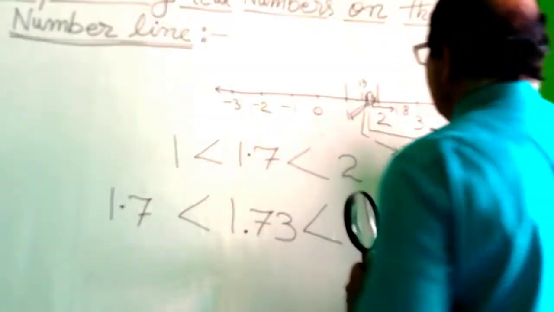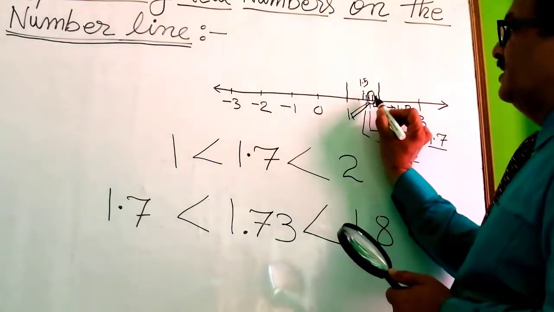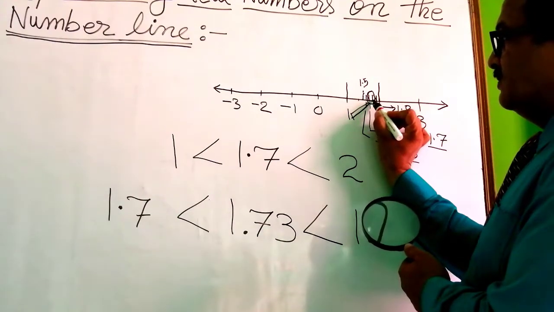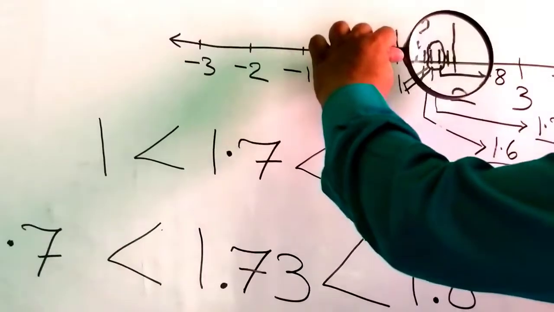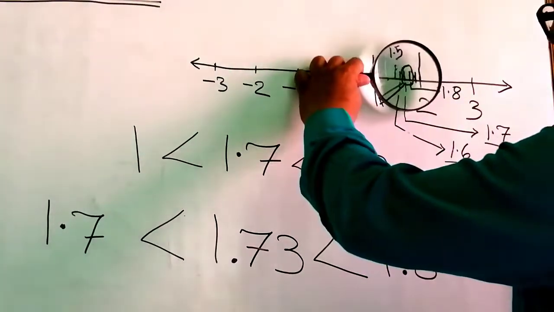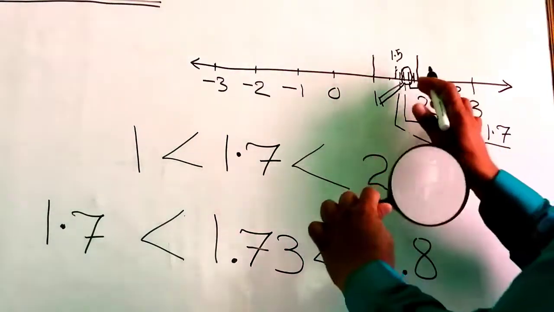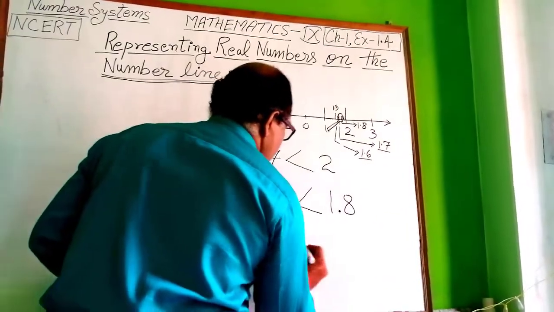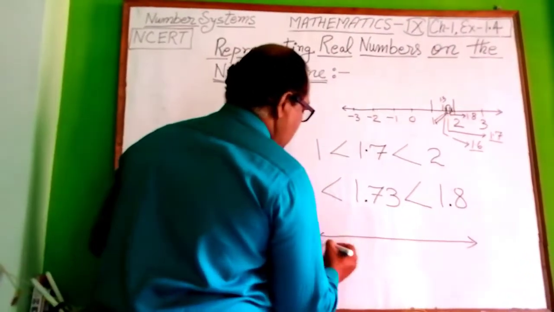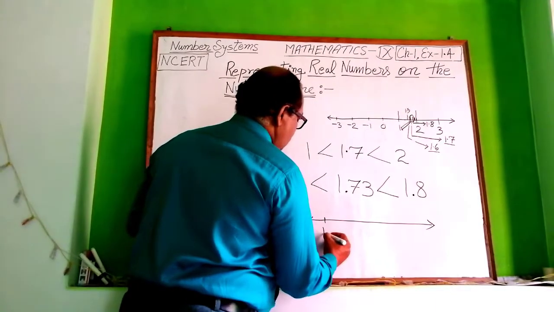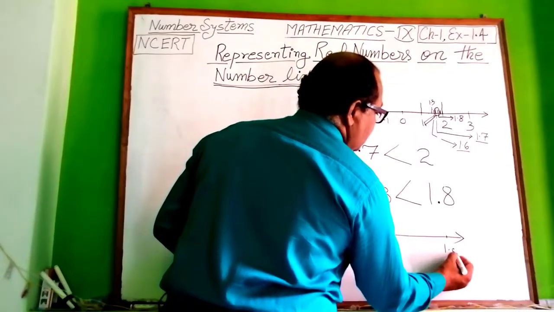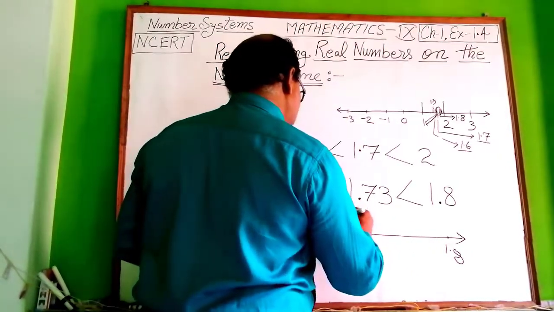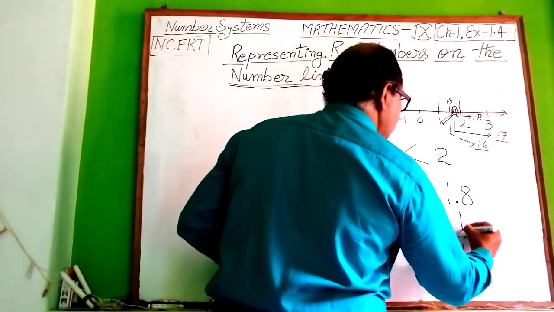So you can see where is 1.7. 1.7 is this one, and next one is 1.8. So we will use our magnifying glass and we will zoom it and we will locate it further here in the next line. We will represent only 1.7 and 1.8. Now see how to represent them.